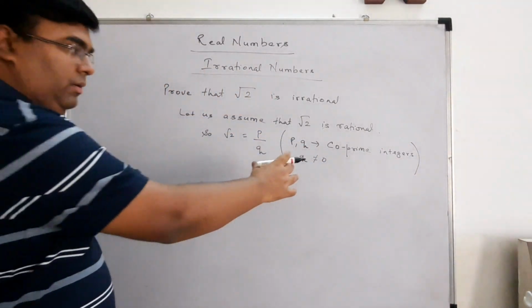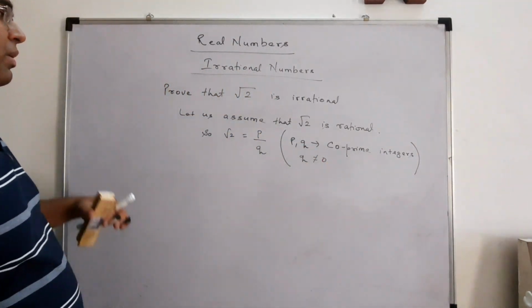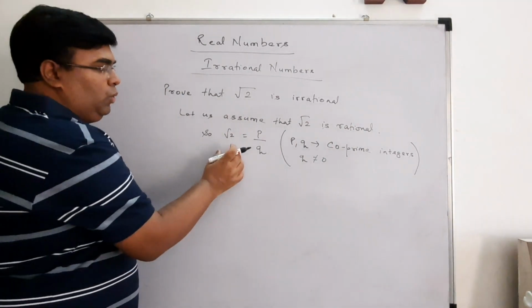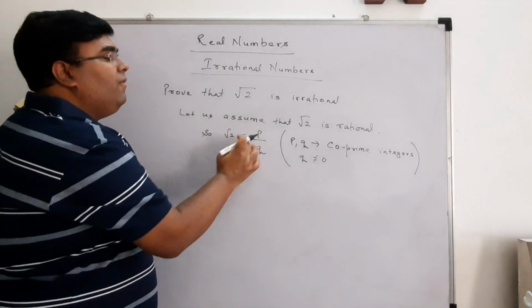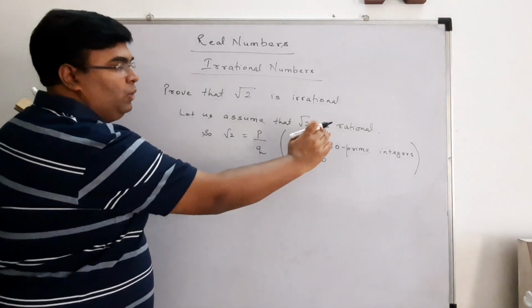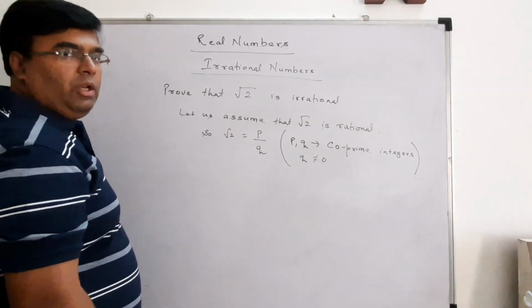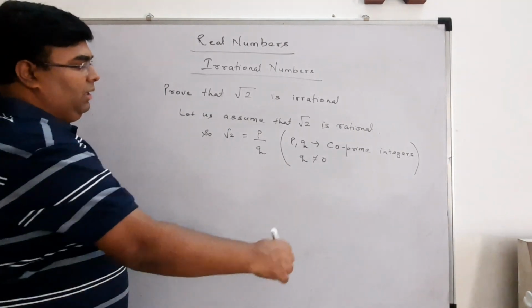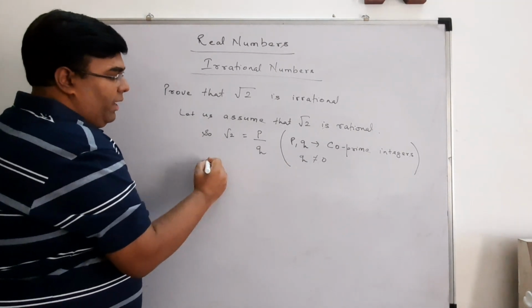This is very important. You need to write all this. So let us assume that root 2 is rational, and hence root 2 can be represented in the form of p by q, where p and q are co-prime integers and q is not equal to 0. Next, squaring both sides.